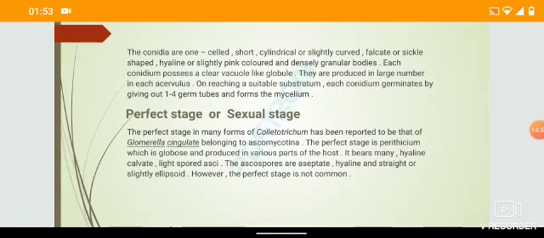and this flask-shaped fruiting body has a definite apical pore called ostiole. The fertile layer, that is called hymenium, which consists of asci and paraphysis, is situated in the basal portion of the perithecium cavity.